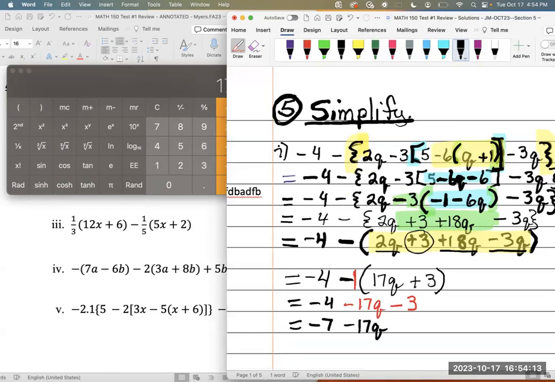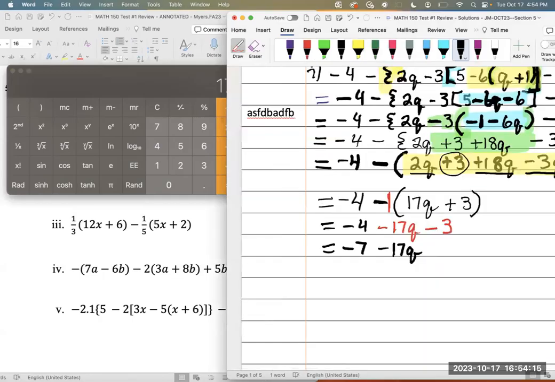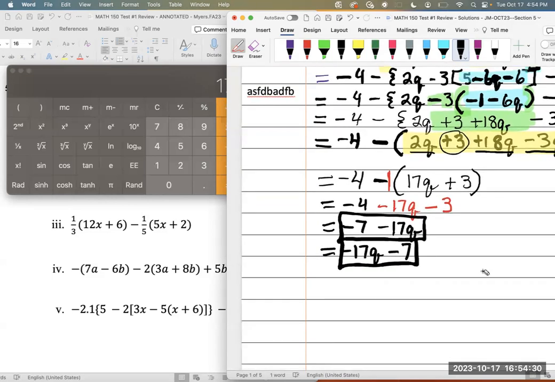There you go. Usually we tend to write the term with the variable expression first. So generally it would be -17q minus 7. Honestly, on a test, I would accept either one of those. On to number 2.